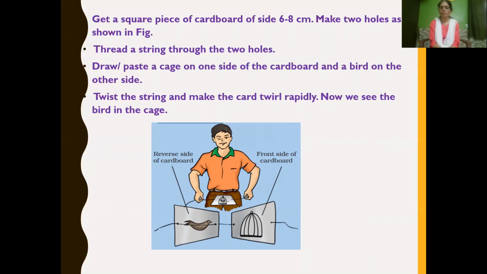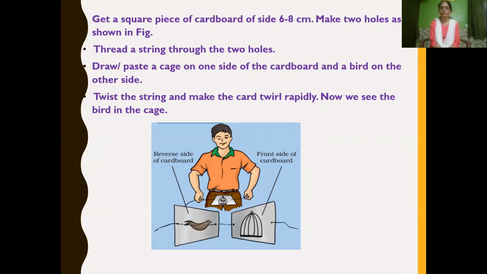Now to understand this, let's do one activity. We have to take a square piece of cardboard, with a side of 6 to 8 centimeters. Make two holes as shown in the figure.